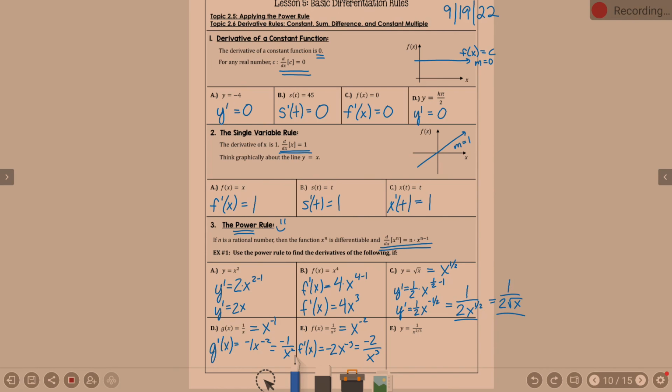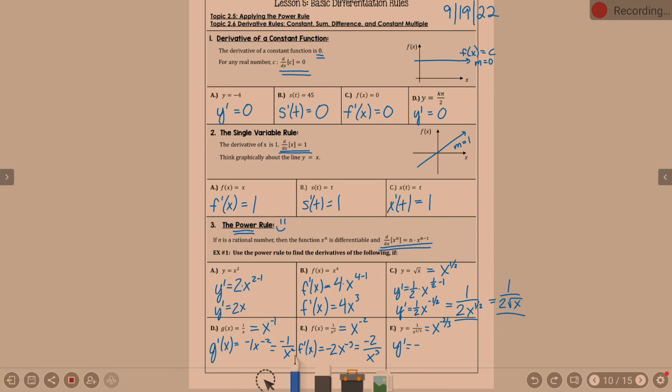Okay, last one. What do we know about 1 over x to the 2/3? I don't want to think cube roots. I just want to know that it's x to the -2/3, yes? Okay, let's see how we do with our fractions here.